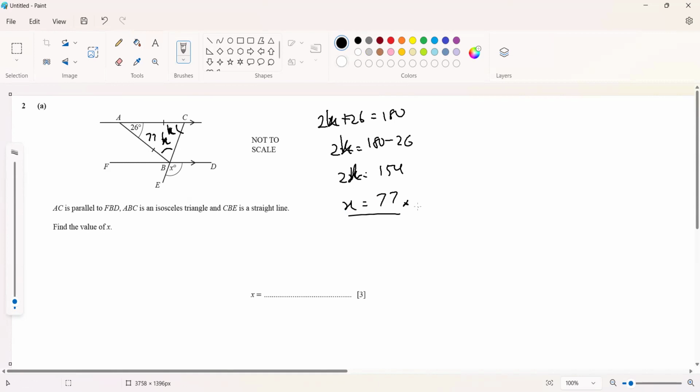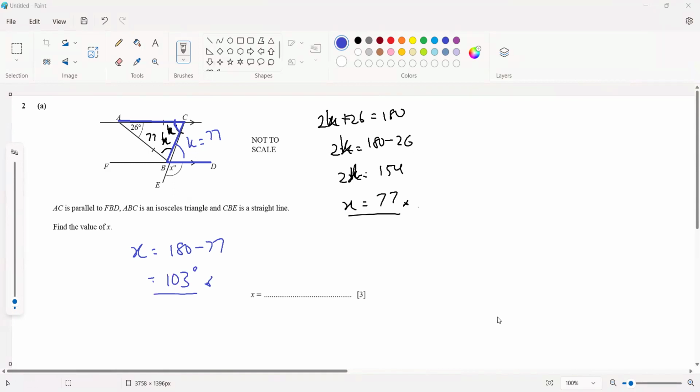So if we follow our alternate angle concept, if I take our ruler out and then I draw from here to here to here, this is a Z. So if this is a Z, it means if this is k, this will also be k, and we know that k is 77 degrees. So in other words, x will simply be 180 minus 77 because CBE is a straight line. So that's 103 degrees. So that's number 2A solved.